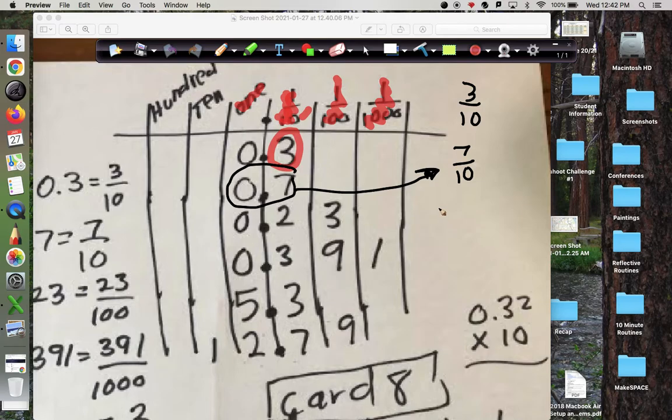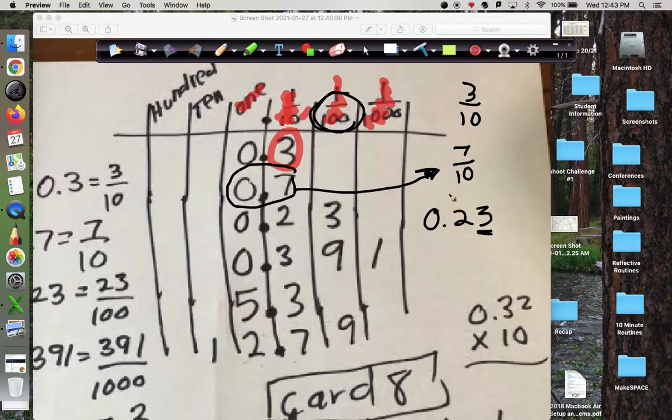For example, let's say you have 0.23, and you want to say that mathematically. You have to look at this place value, which is the hundredths, and use that.